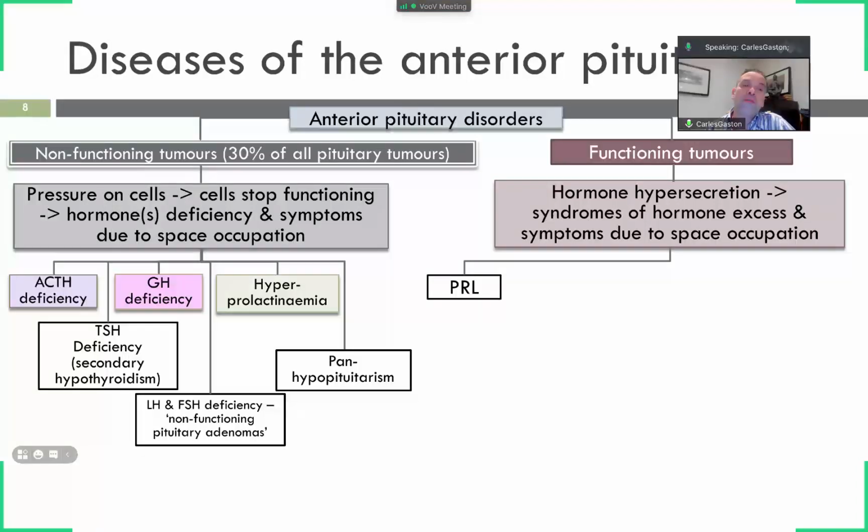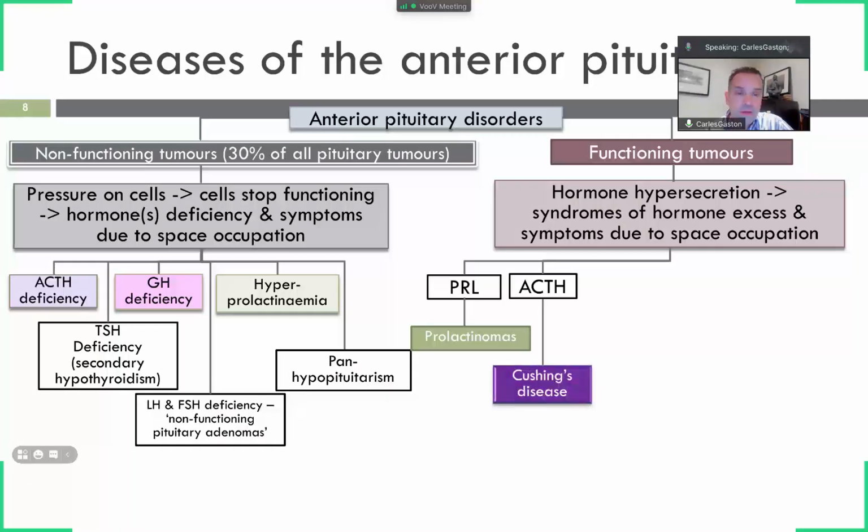So how about functioning pituitary tumors? They can express too much prolactin, and they are called prolactinomas. They can express too much ACTH, or adrenocorticotrophin hormone, and this leads to Cushing's disease. We will study this next week when we study the hypothalamic pituitary adrenal axis.